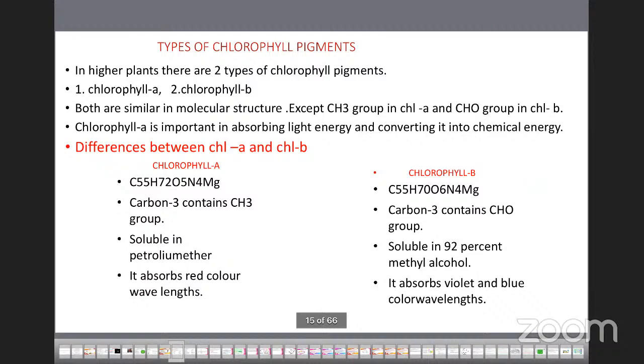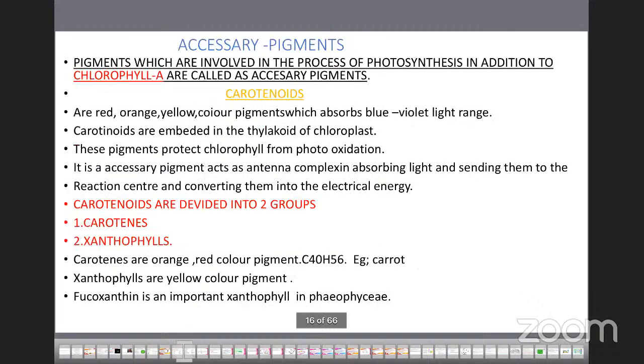Next, go to the other slide. Yes, this is accessory pigments. What is an accessory pigment? The main role in photosynthesis is played by the chlorophyll pigment. In addition to this chlorophyll, there are some other pigment molecules around it, and those are treated as accessory pigments.